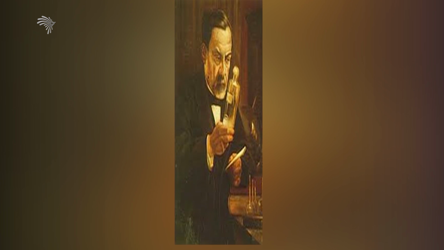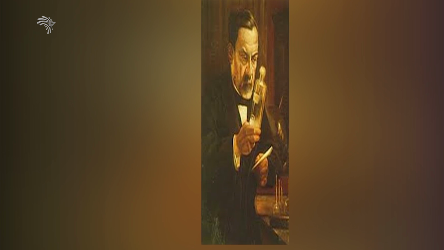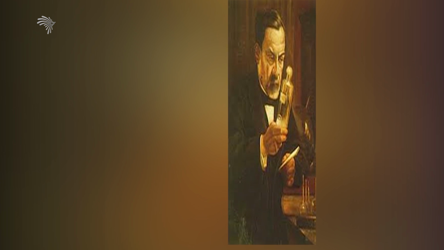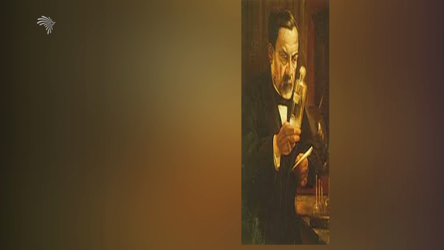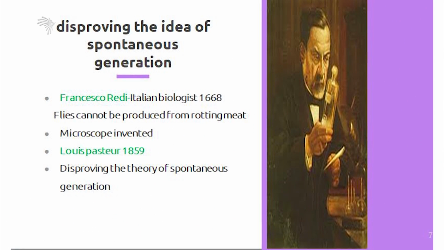Here there are 2 scientists to be mentioned: Francisco Redi and Louis Pasteur. These are the scientists who carried out controlled experiments in a scientific way so as to disprove the theory of spontaneous generation. Earlier, before science was well developed, there was a theory called spontaneous generation.